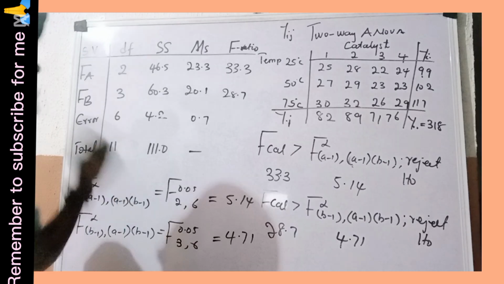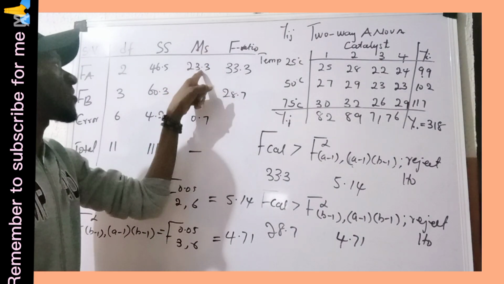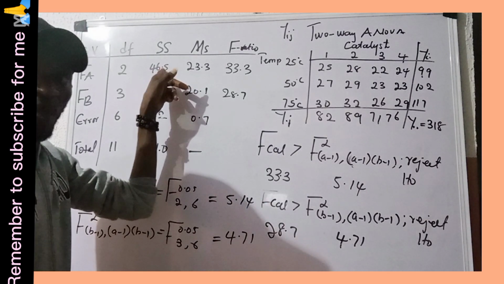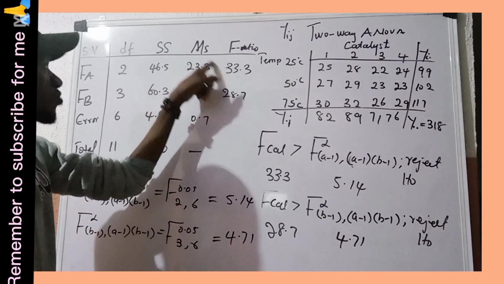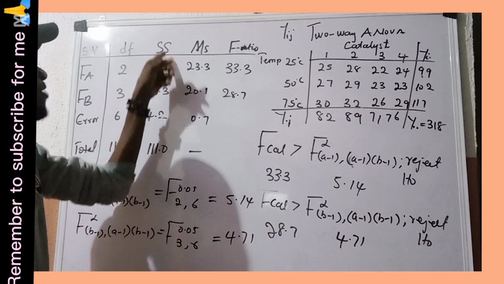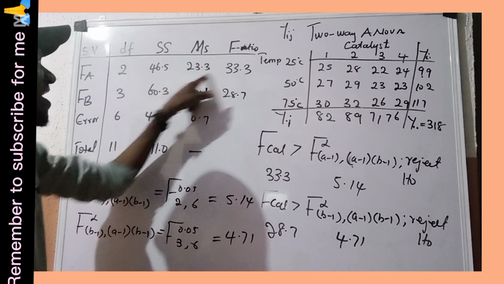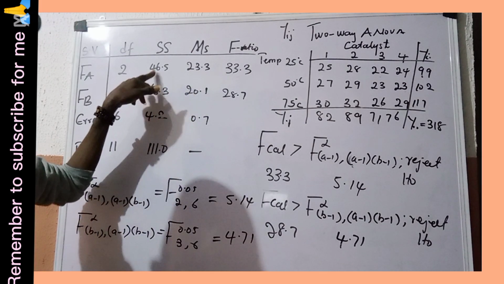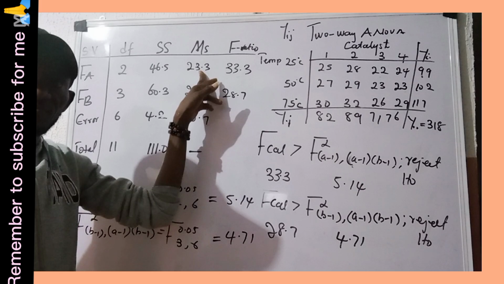It is easy, because I know that to get the mean square, the answer is sum of squares over degrees of freedom. If you want the mean square for factor A, the answer is sum of squares of factor A all over degrees of freedom. So if you have cleaned here and you're asking me to find the value that is here, I am quickly going to say this 46.5 divided by 2, and I will get the value that is here.